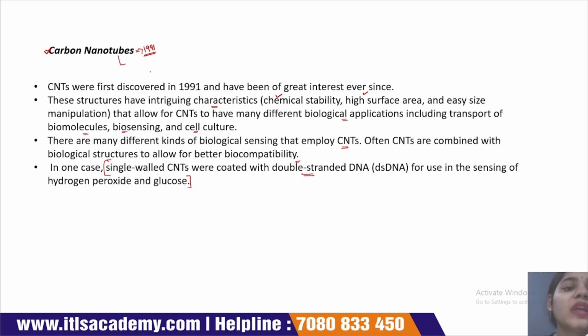Okay, carbon nanotubes are also a type of organic material. There are two types of CNT.